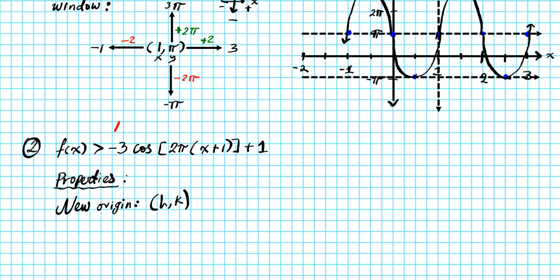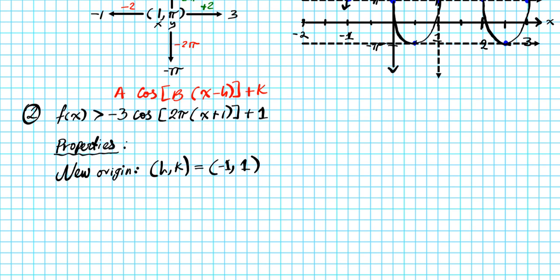So we have A cosine, this is a general form, B times x minus h, plus k. Okay? So what we're going to do now is, actually this is the standard form. What we're going to do now is find h and k. We can clearly see that h is -1 and k is +1. Okay? So there goes h and k.